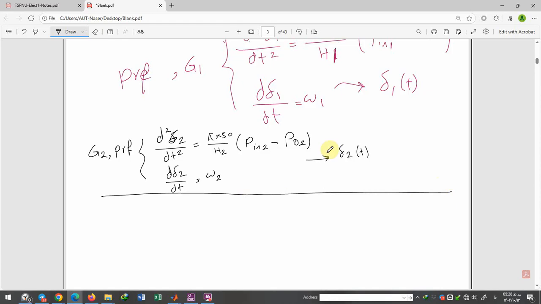After that, you can write these two sets for during fault.